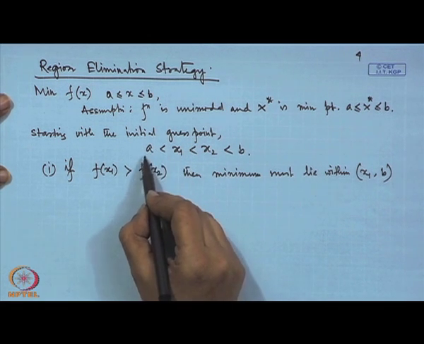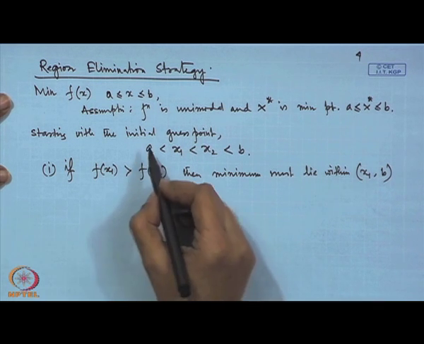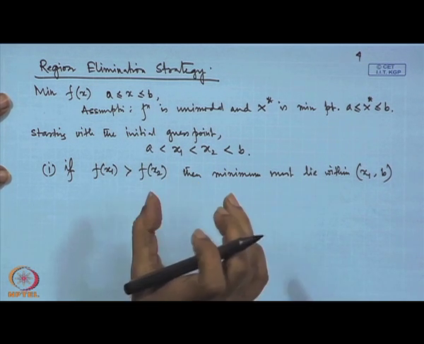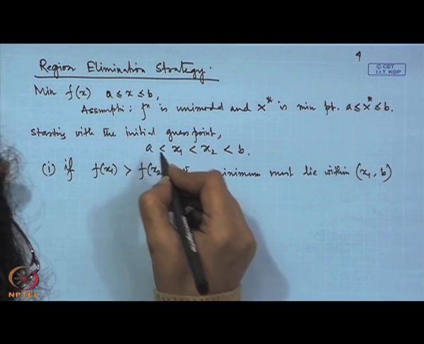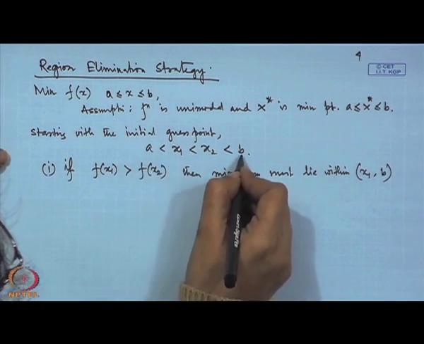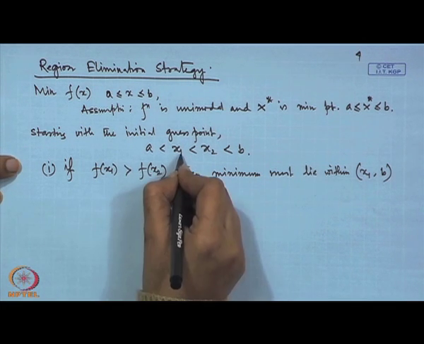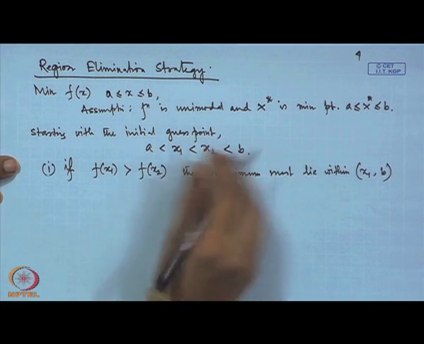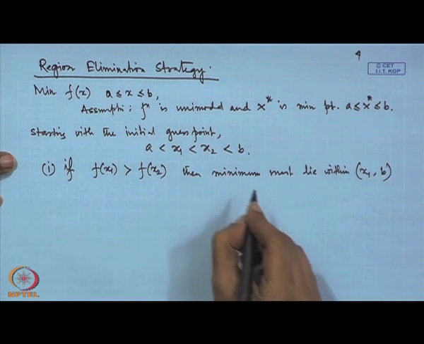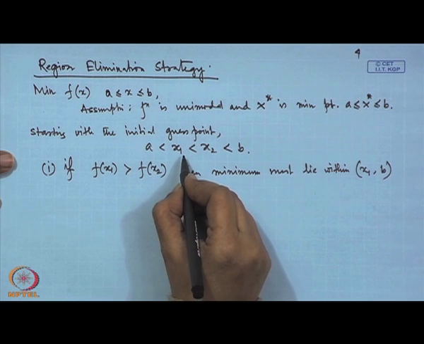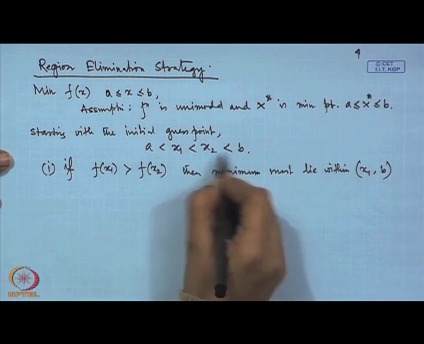We will start our process by taking the initial interval, called the initial interval of uncertainty, from a to b, and we will take 2 points within the region. If we see f(x1) is greater than f(x2), then we are sure that the minimum must lie within x1 to b.